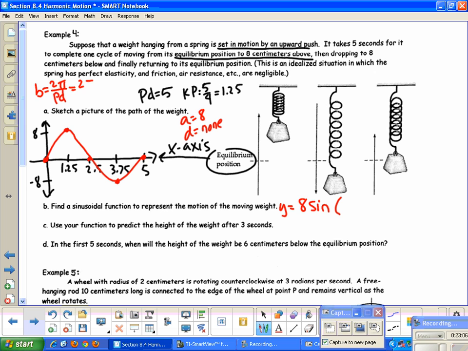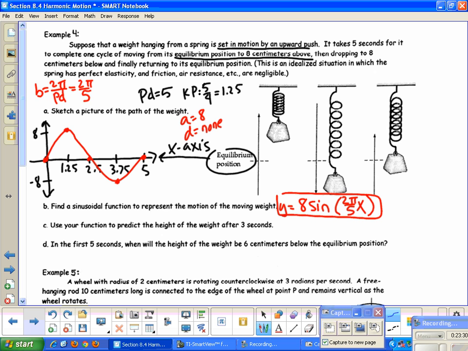So in this case, 2 pi divided by 5 would be my b value, times x minus, in this case, we don't have a phase shift, so I don't need to write that. So just 2 pi over 5 x, and then I have no vertical shift. So this would be the equation for a sine graph.